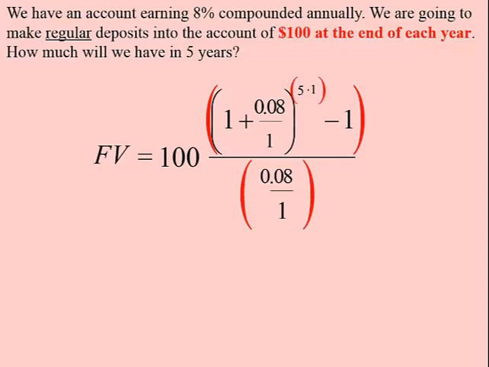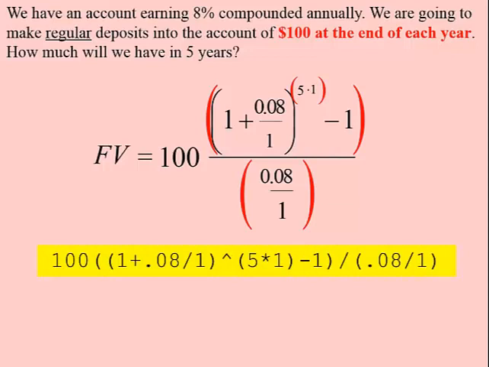When you have a fraction, all of the numerator has to be in parentheses, all the denominator has to be in parentheses. The exponent, if it's more than just a single number, needs to be in parentheses. And so here we type it on our calculator like this, with the extra parentheses that I've inserted. You need to figure out how to type these onto your calculator.